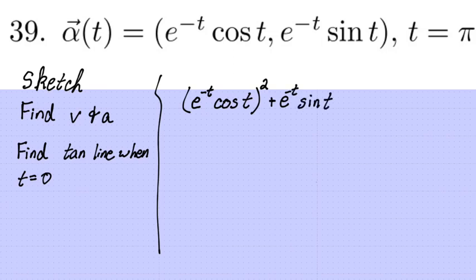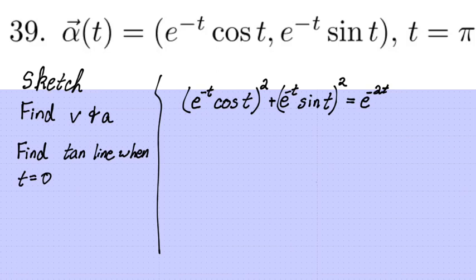It just feels less helpful now. This is equal to e to the negative 2t, because the sine squared plus cosine squared, when you factor that out, that's just 1.